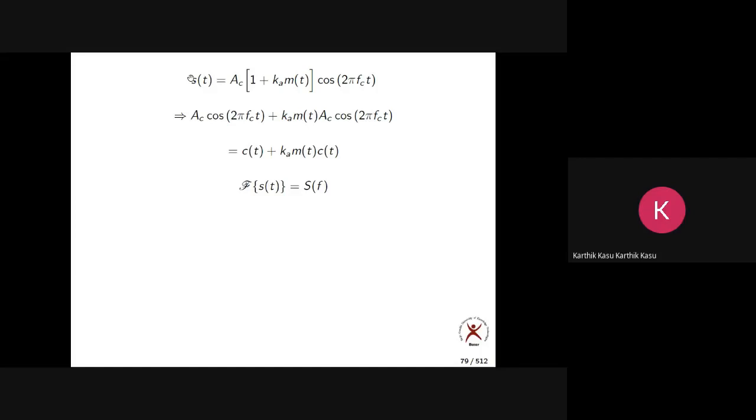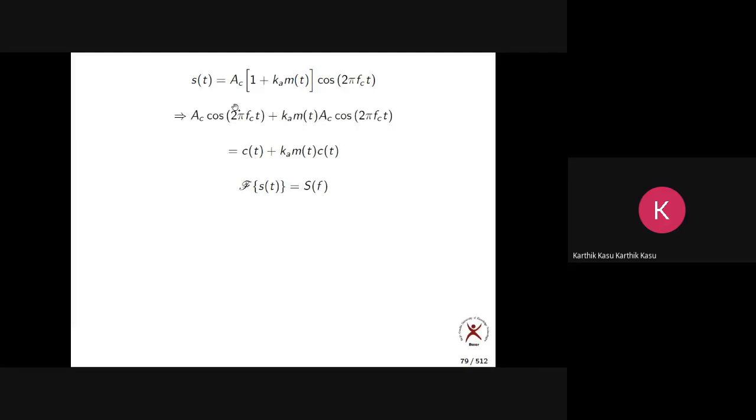You must remember these three signals: message signal m(t), carrier c(t), and s(t), the modulated signal. Now m(t) can be anything, it is what you are transmitting. c(t) is always a sinusoidal function.